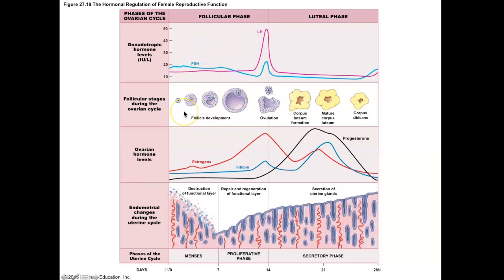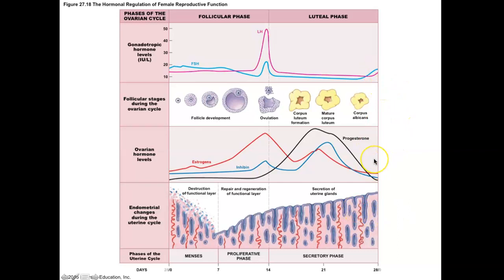It has the stages happening in the ovary. It has the hormones produced by the ovary, which are the estrogens and progesterone. We're not going to talk about inhibin right now. And then it also overlaps with what's happening in the uterus. So a woman's reproductive system is very controlled by hormones.